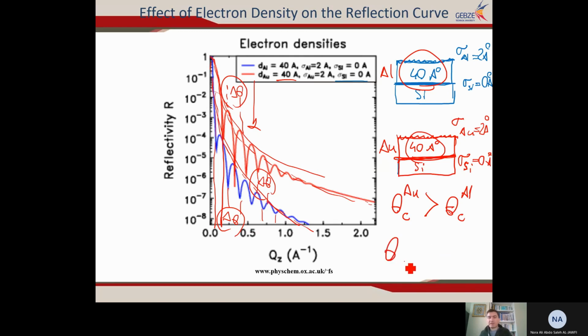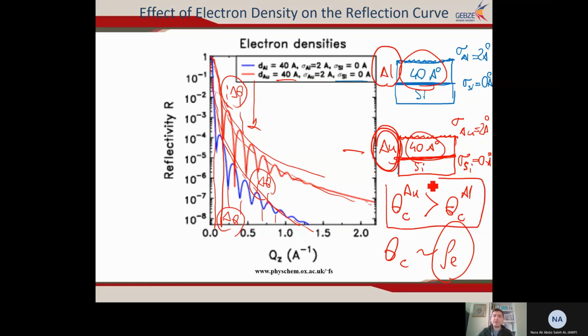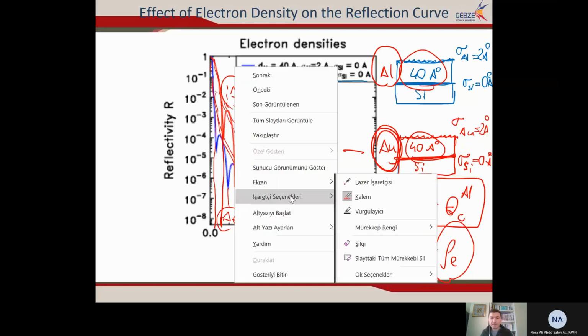Because critical angle is related to the electron density. Gold contains more electrons. Remember the periodic table, remember the atomic number of gold and of aluminum. Aluminum is a much smaller atom compared to gold, and gold contains more electrons. So the electron density of gold is much higher compared to aluminum. Then the critical angle changes in the X-ray reflectivity curve.